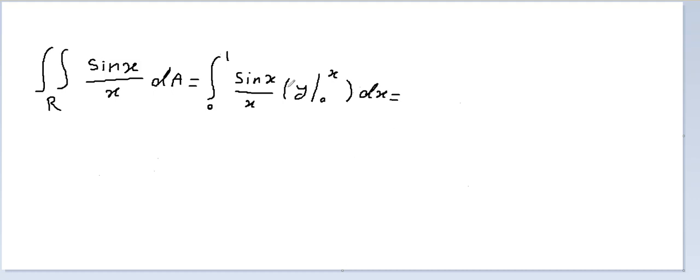Okay, so it left this one, right? Now this equals integral from 0 to 1 sine x over x, and here the value of this is when y equals x minus when y is 0.